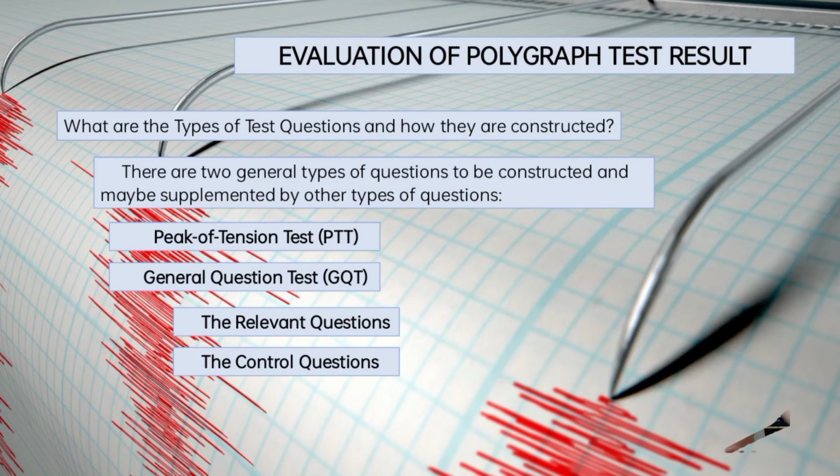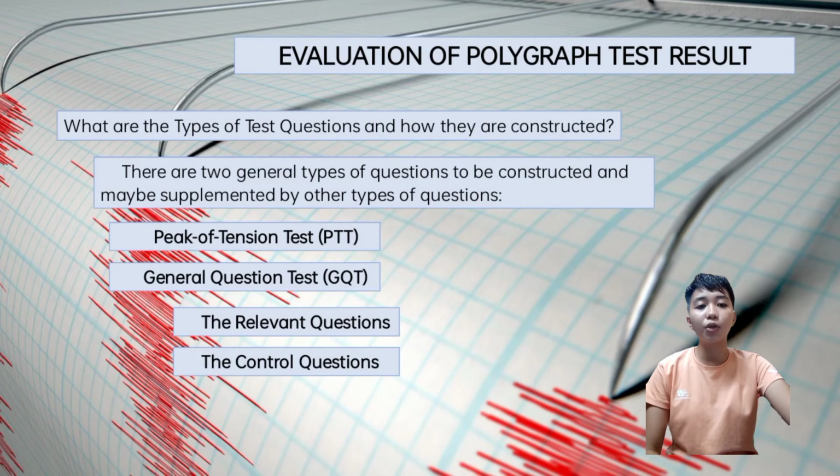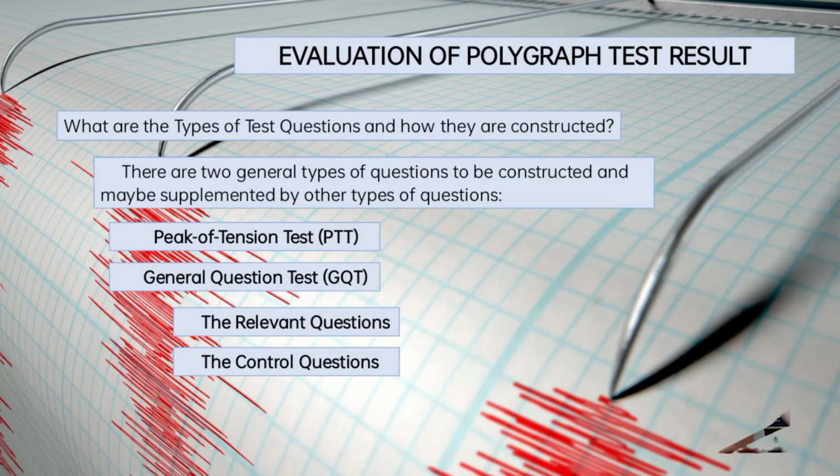The control questions. Control questions are used for purposes of comparison. Essentially, truthful subjects are believed by polygraph examiners to be more concerned, and thus more physiologically aroused, about control questions than relevant questions. The responses to both control and relevant questions are compared. Control questions have two kinds.